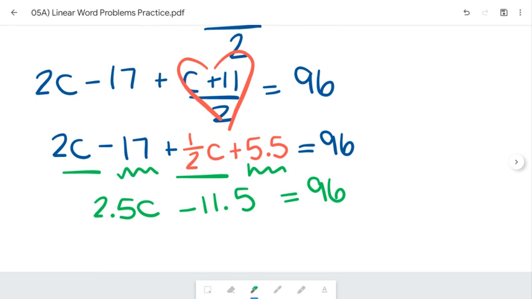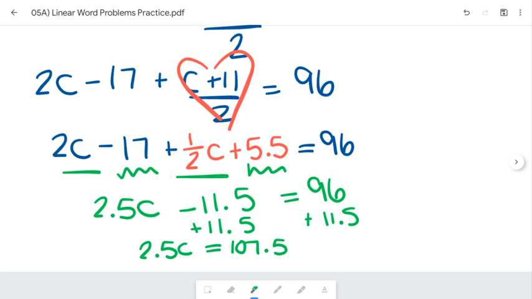So even though we're dealing with decimals, they're nice ones, so I wouldn't freak out just yet. I'm going to add that 11.5 to both sides. We get 2.5C equal to 107.5.